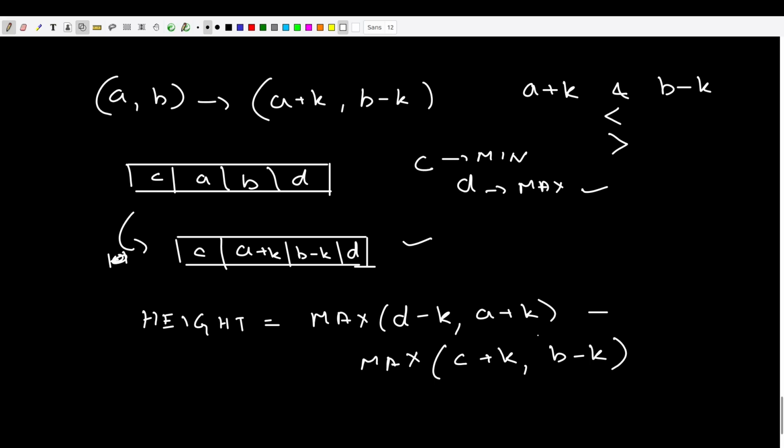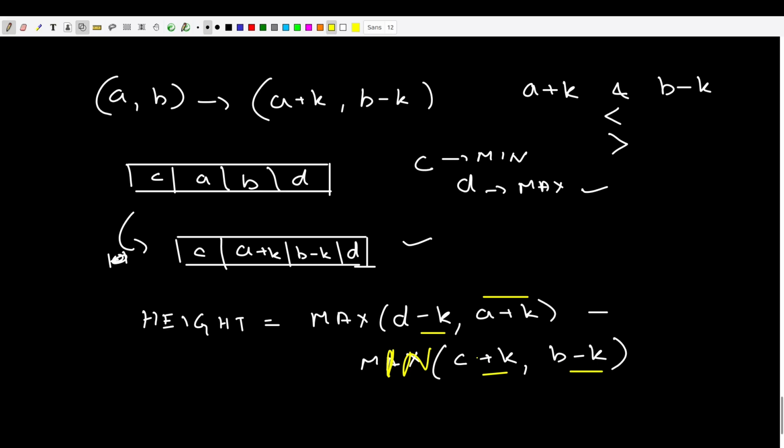I hope at least this is clear, that when we are computing max, a plus k is there, whereas when I'm computing min, b minus k is there. Now let us look at why I have used d minus k and c plus k instead of d and c. See, first we have to manipulate the array, right?